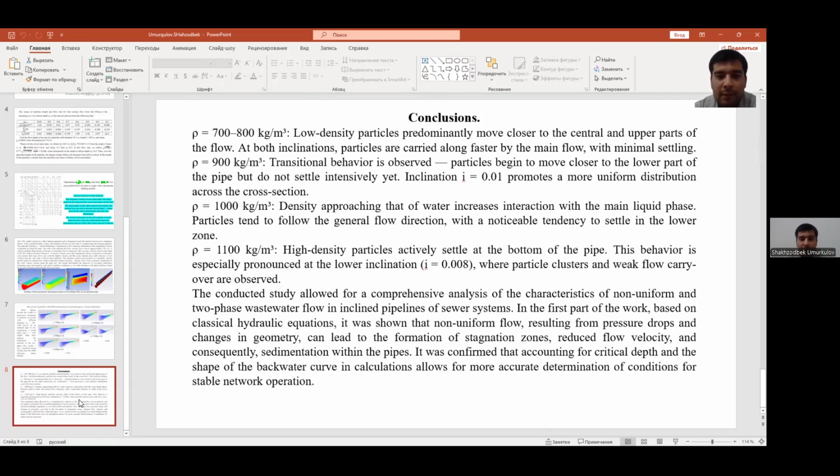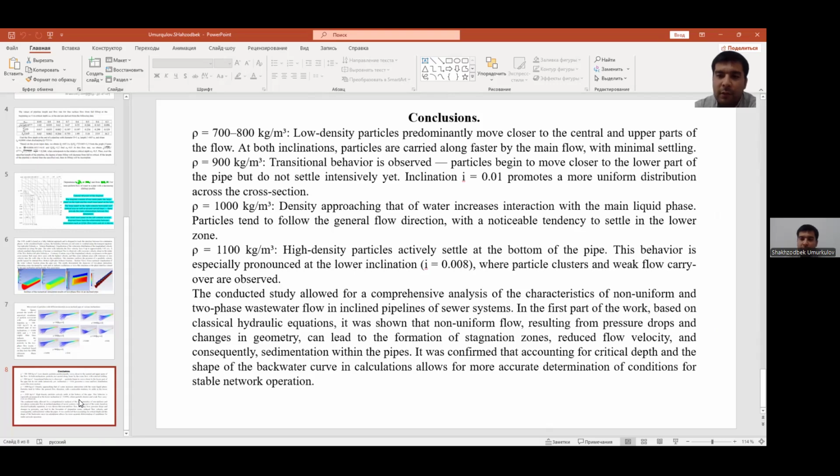The study allowed for a comprehensive analysis of the characteristics of non-uniform and two-phase wastewater flow in inclined pipelines of sewer systems. In the first part of the work, based on classical hydraulic equations, it was shown that non-uniform flow resulting from pressure drops and changes in geometry can lead to the formation of stagnation zones, reduced flow velocity, and consequently sedimentation within the pipes.